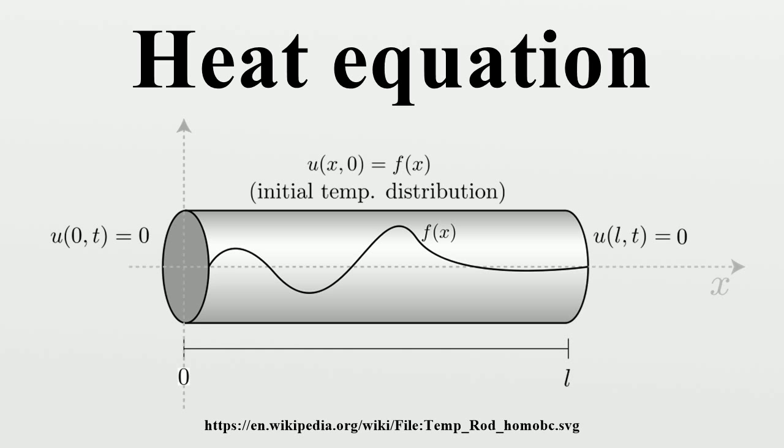Alpha is the thermal diffusivity, a material-specific quantity depending on the thermal conductivity K, the mass density ρ, and the specific heat capacity Cp. The heat equation is a consequence of Fourier's law of conduction.